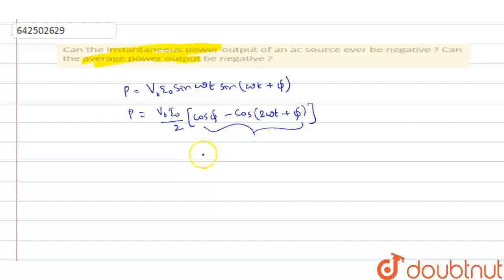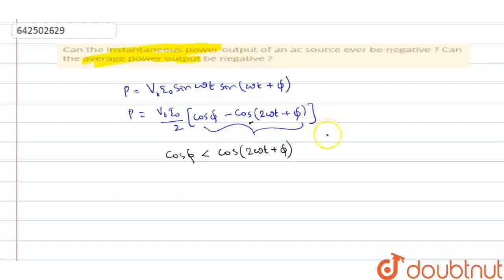So you can say cos phi will be less than cos of 2 omega t plus phi. So phi and 2 omega t plus phi, which will be greater? 2 omega t plus phi will be greater. So this value will be a lesser value and this will be a higher value. So lesser value minus the higher value always gives you a negative value.